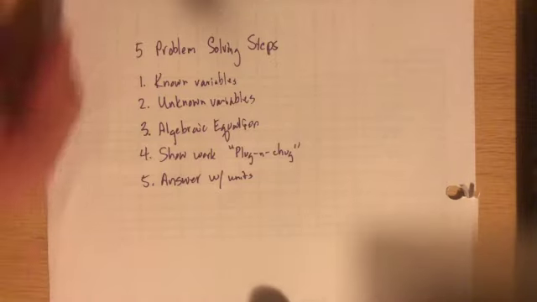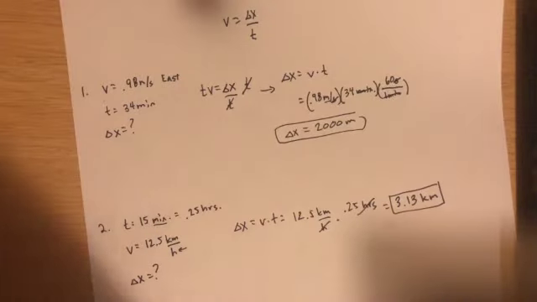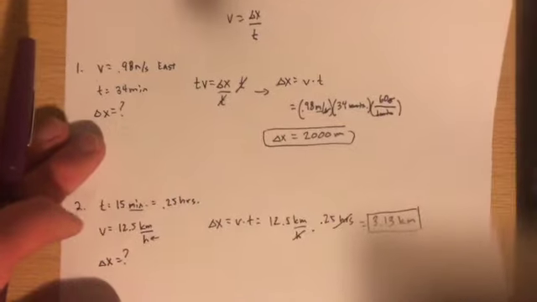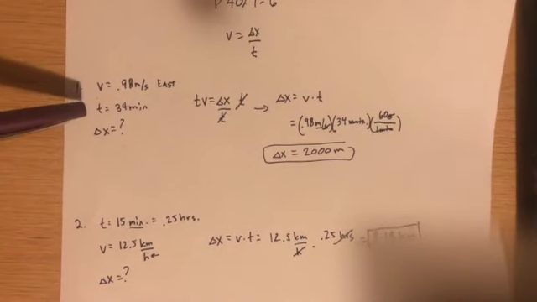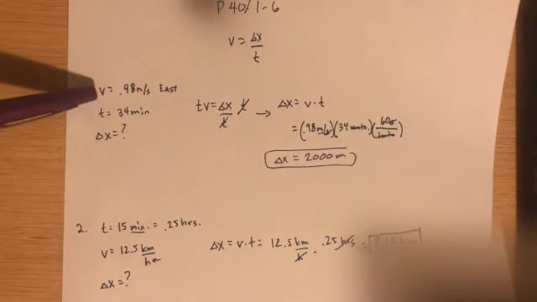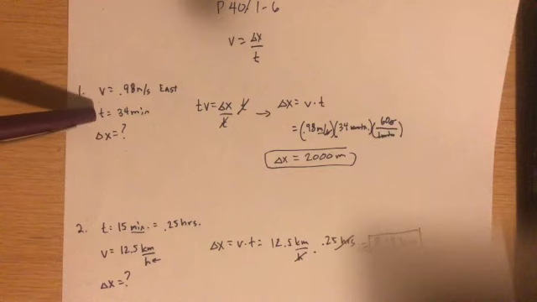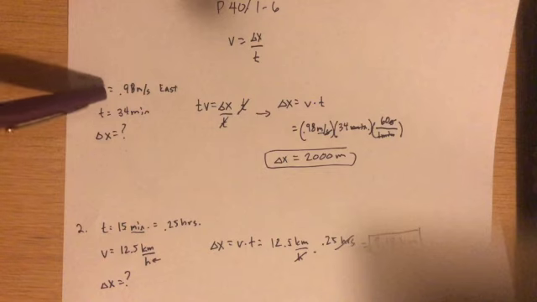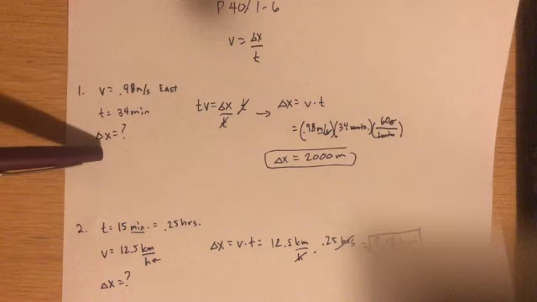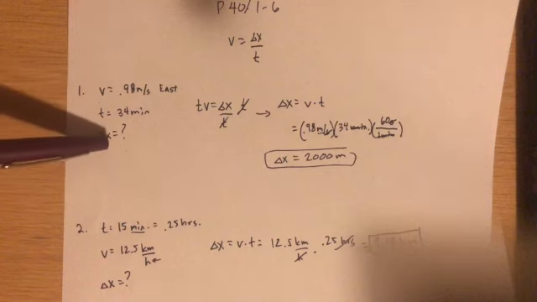If we take a look at number 1 here, you can see that I did that. We knew from the problem that the velocity was 0.98 meters per second east, and that the time was 34 minutes. So that's step 1. Step 2, it asks for the displacement, so this is my unknown.